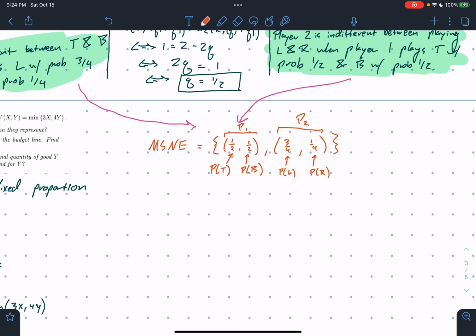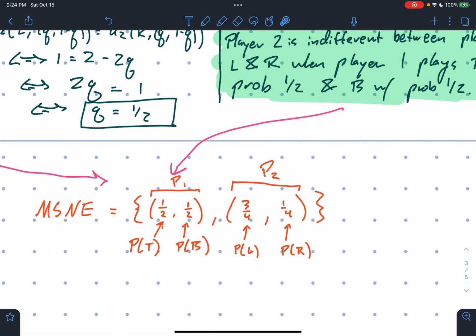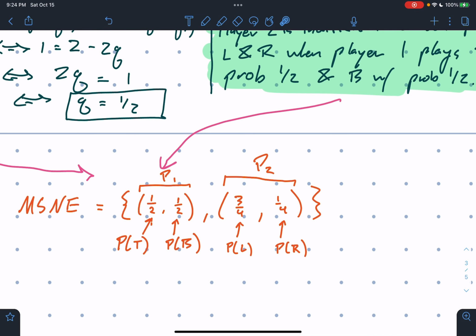Okay, so just to recap, we found a set of probabilities for each player which make the other player indifferent between choosing any of their actions. Player 1 plays T and B with equal probability, and this makes player 2 indifferent. Similarly, player 2 plays L with probability 3/4 and R with probability 1/4, and this makes player 1 indifferent between any of their actions.